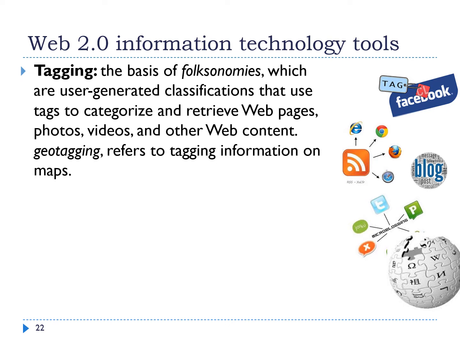Okay, next, let's go through a few Web 2.0 tools. First, let's take a look at tagging. Tagging is user-generated classification that uses tags to categorize and retrieve web pages, photos, videos, and other web content.